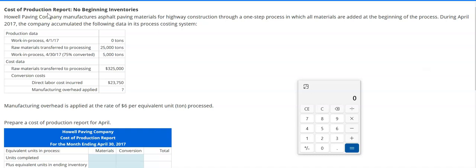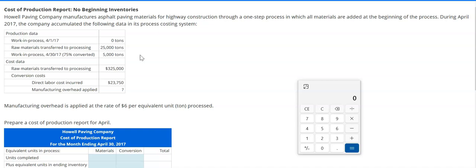And we're going to be using something called the weighted average method. I've got some other videos on the FIFO method, but I don't have anything on weighted average because it's generally considered an inferior method. But I wanted to have something out there.